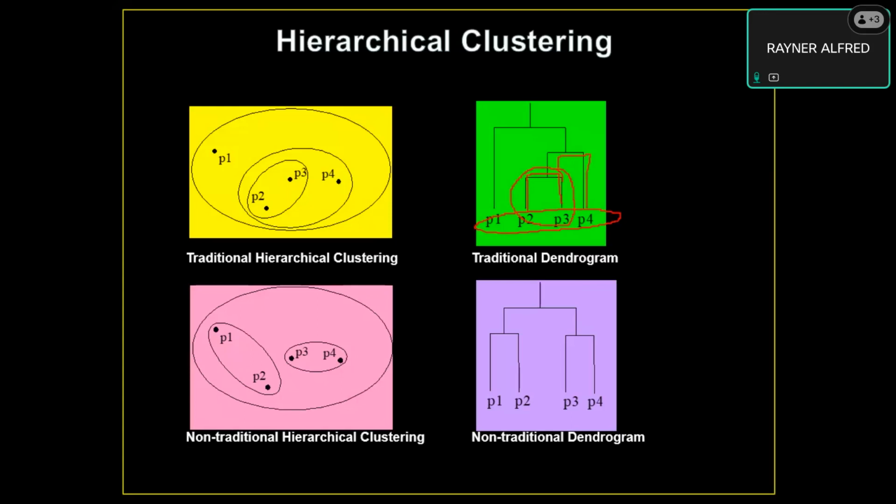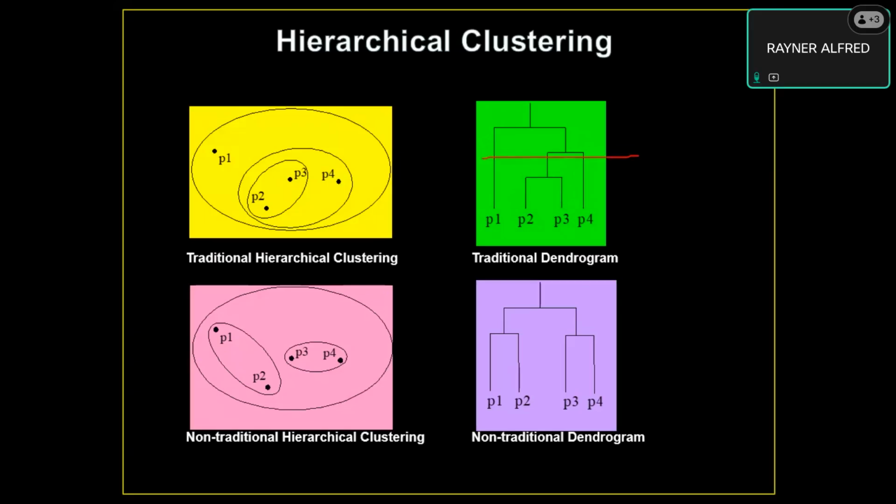So you are building the dendrogram, or hierarchical format of the clustering. From the top, you can cut across here to have 2 clusters, or you go below to have 3 clusters, and so on.